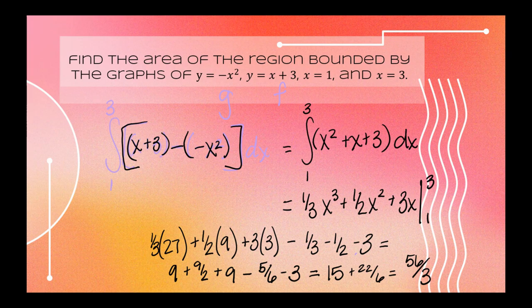You did it vice versa? I did it both times. Gotcha. That's a common mistake, to plug the bottom one in first and then the top one. Remember that it's the top one minus the bottom one, or rightmost value minus leftmost value, whatever.